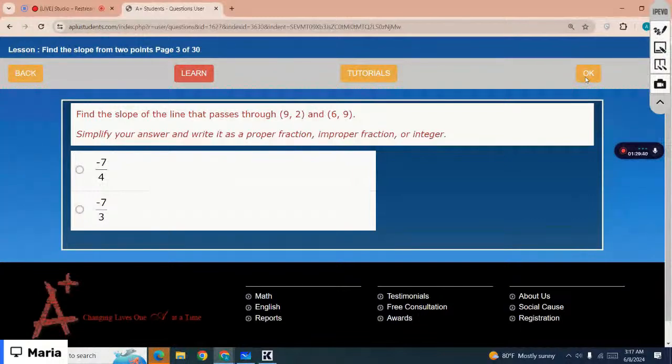Find the slope of the line that passes through 9, 2 and 6, 9. So which is the correct option?